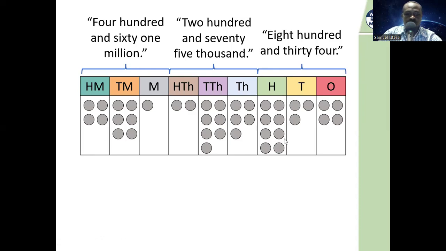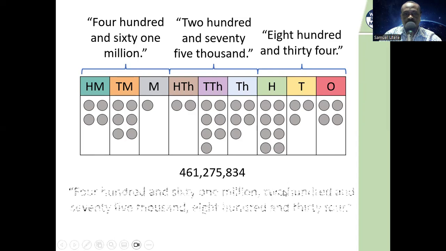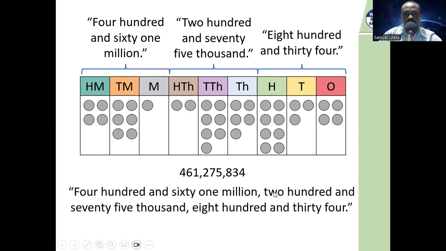In figures, when we write this, we'll get 461,275,834. Notice the way the numbers are written in groups of 3. And that's how we read it.